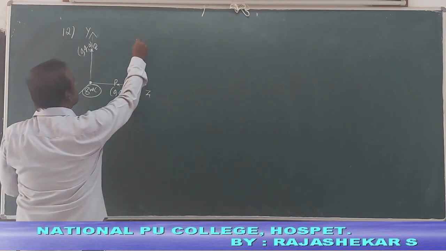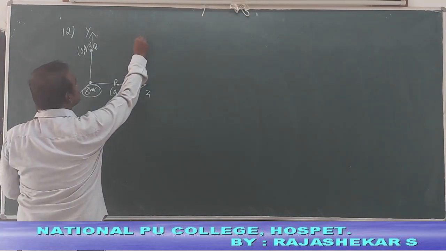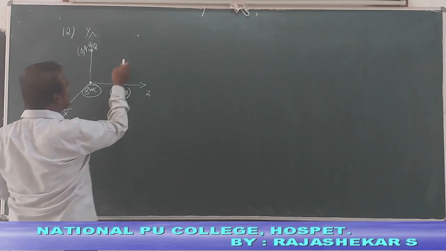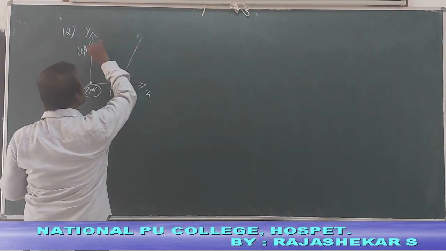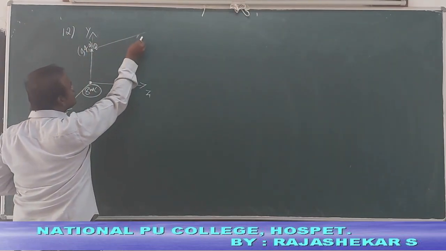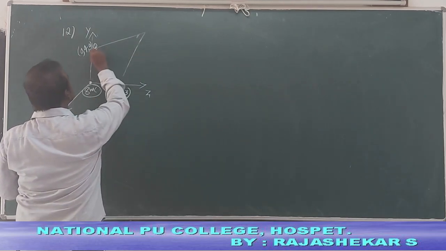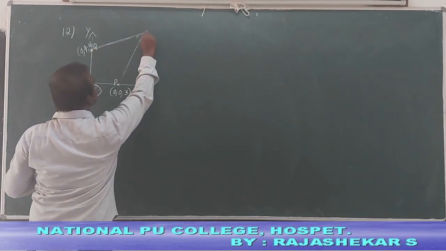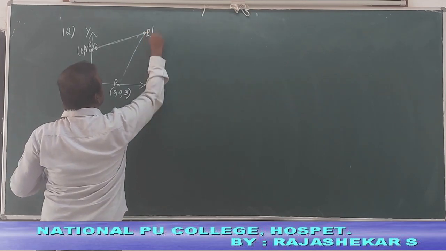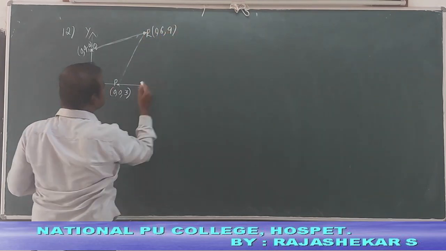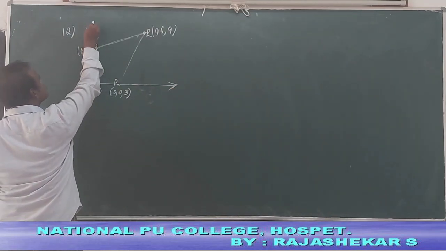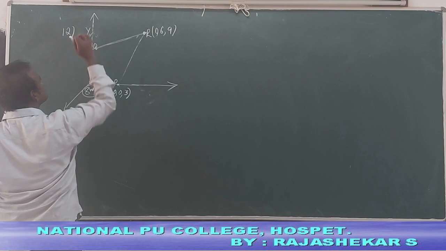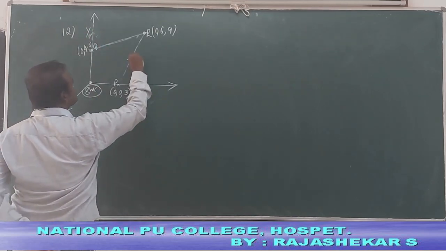YZ plane, so consider somewhere here approximately. This is R of 0, 6, 9. Like this.